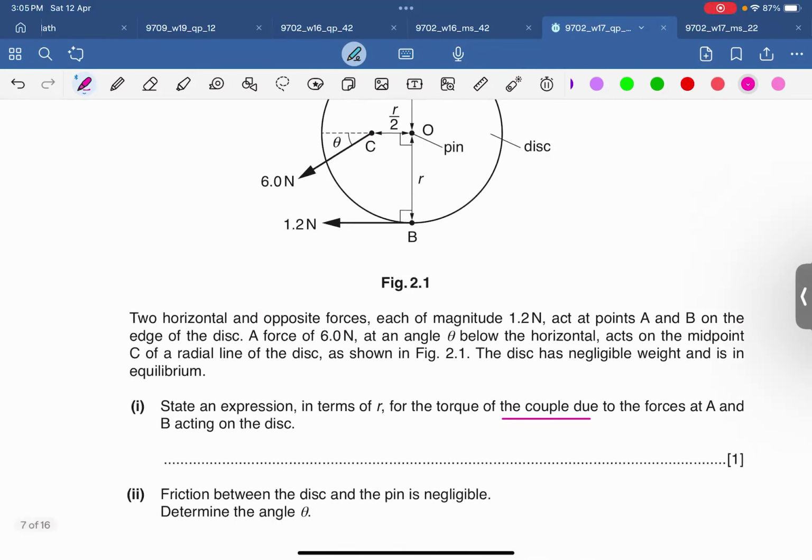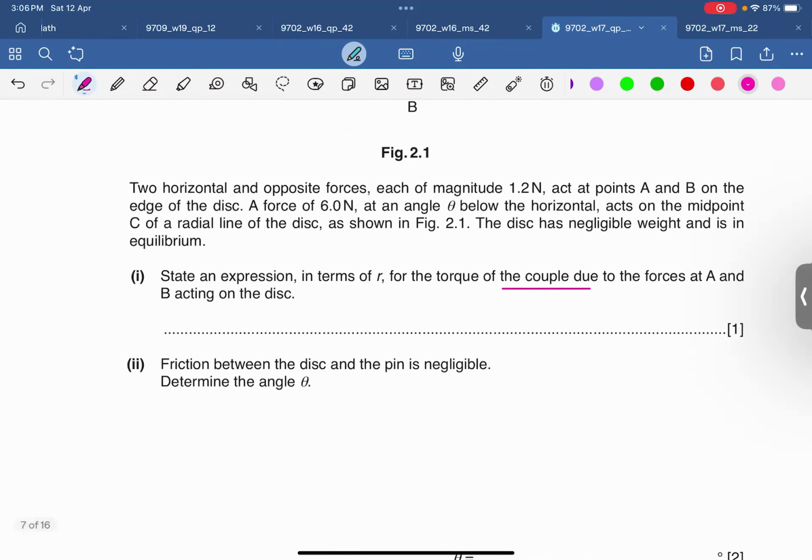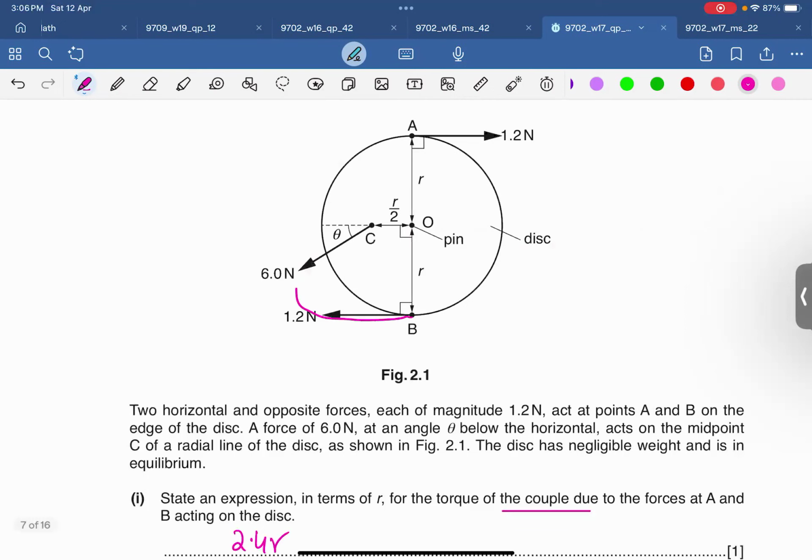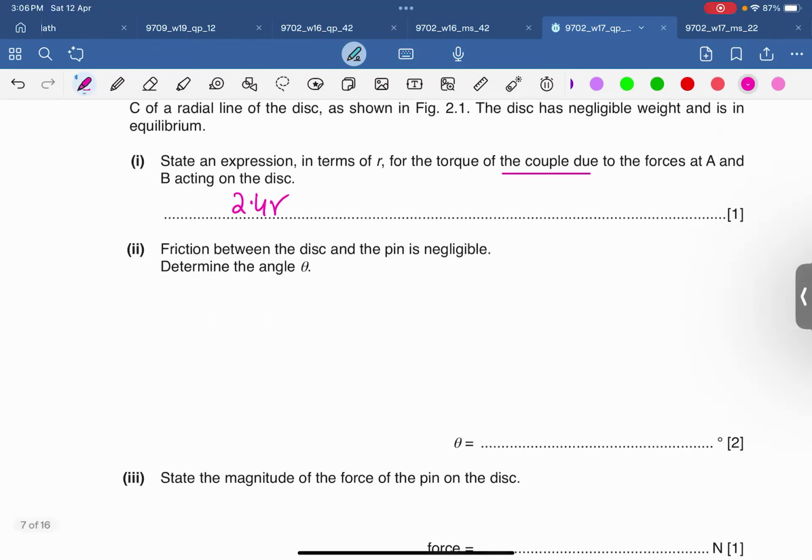Good. So basically, 2.4 R, okay, right? Or you can take, look, 1.2 इधर घुमा रहा है, 1.2 making it move in this direction, right? So 1.2 R plus 1.2 R, so it's basically the total of 2.4 R, right? The moment, okay? Clear? Okay, let's move on.